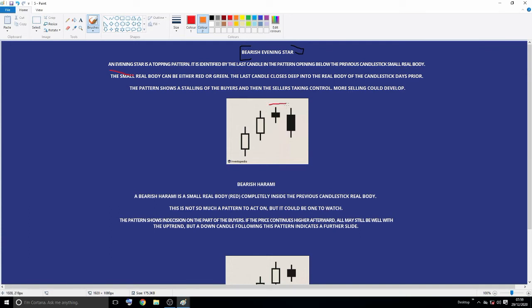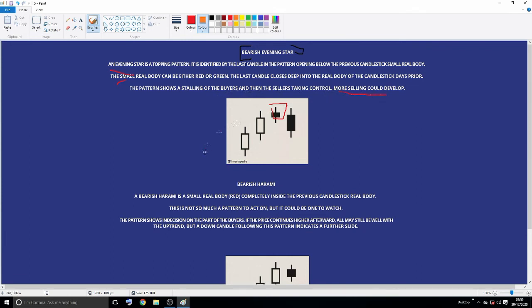You see this one. The small real body can be either red or green. The last candle closes deep into the real body of the candlestick prior. The pattern shows stalling of buyers and then the sellers taking control.